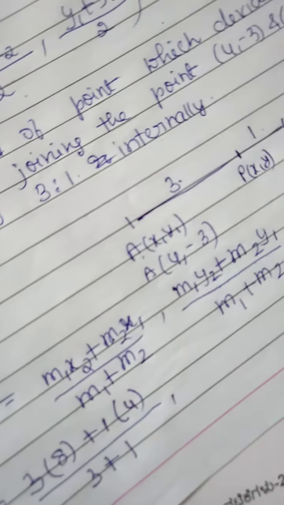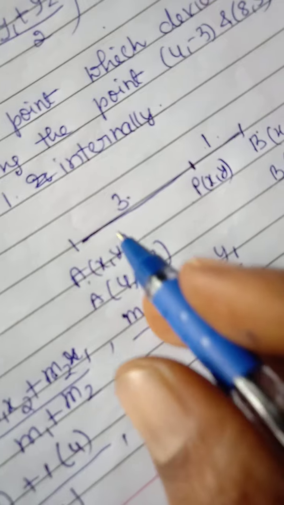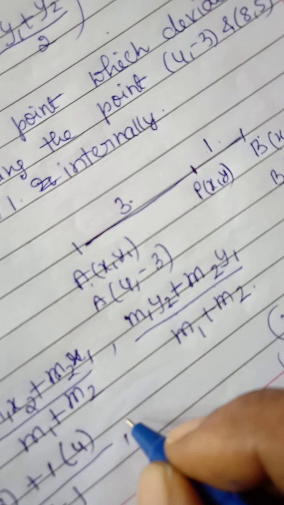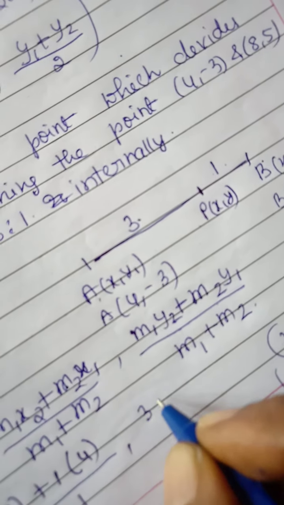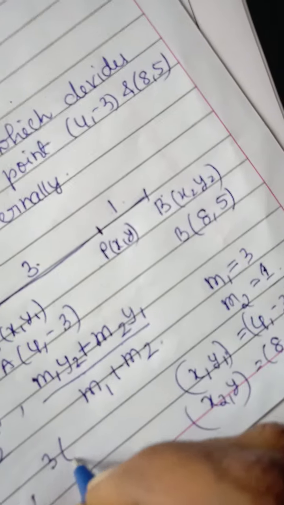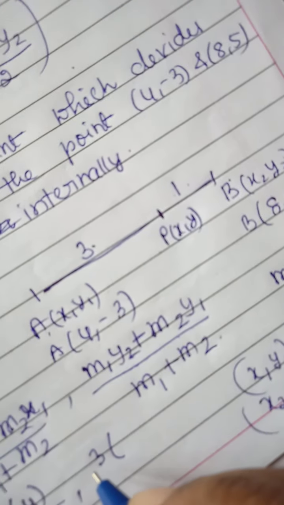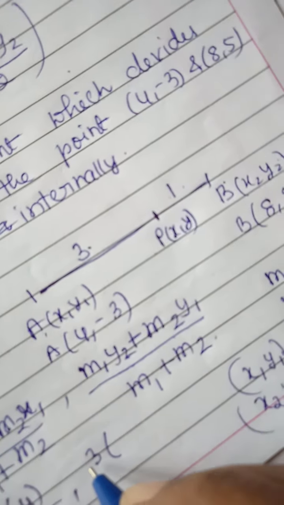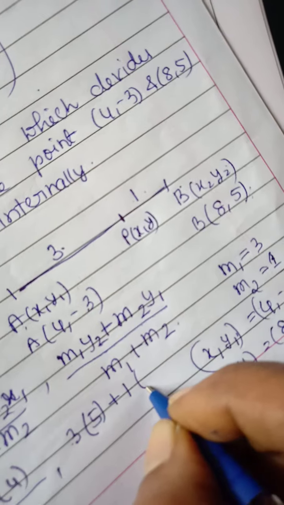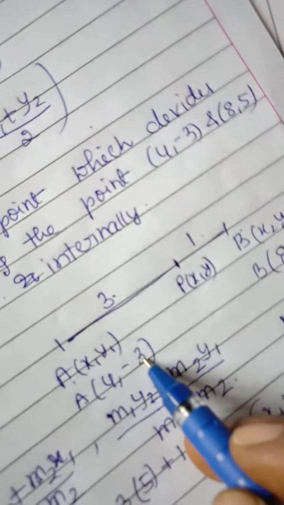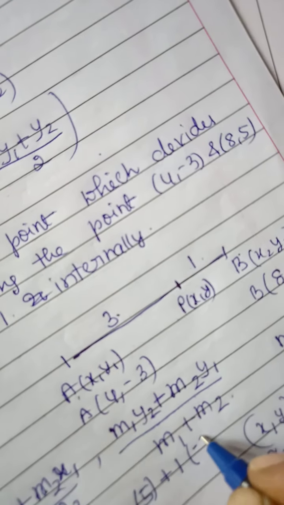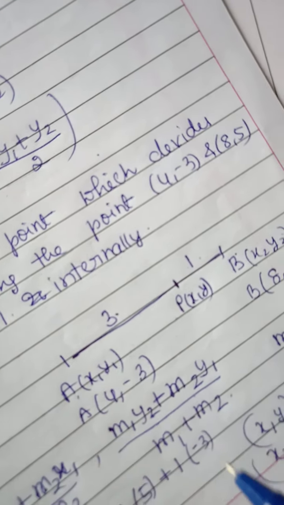Similarly, for the y coordinate, m1 is 3, so 3 into y2, which is 5, plus m2 which is 1, times y1 which is -3, divided by m1 plus m2, that is 3 plus 1.